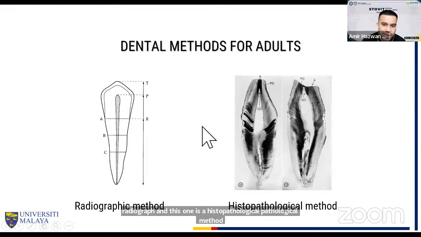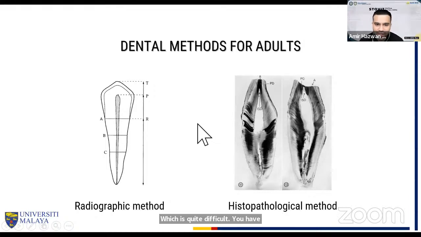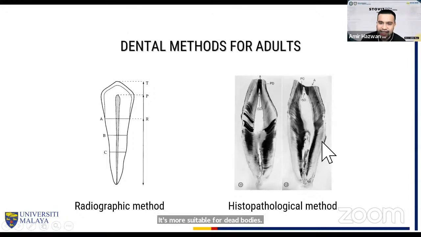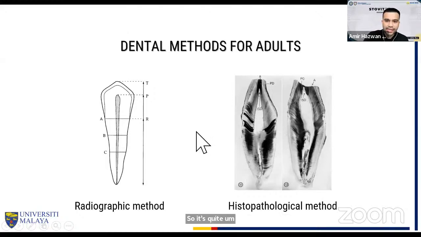You have to extract the tooth, so you cannot do it on a living person. It's more suitable for dead bodies, and then you have to cut the tooth in half and perform a histopathological investigation. So it's quite challenging for adults, and even after that we don't get very accurate results. The standard errors are quite huge for these markers.